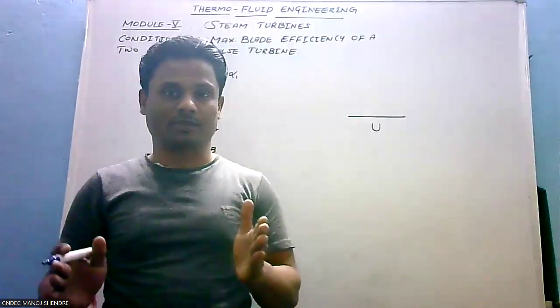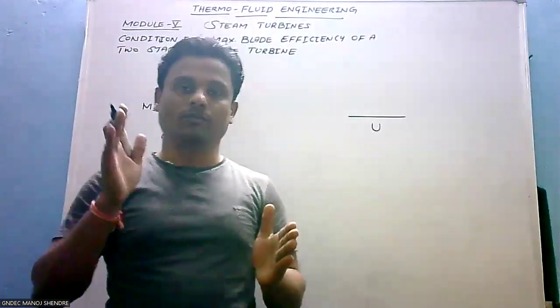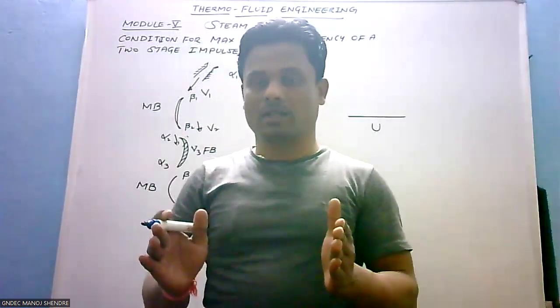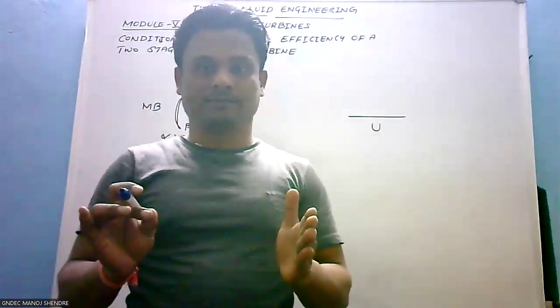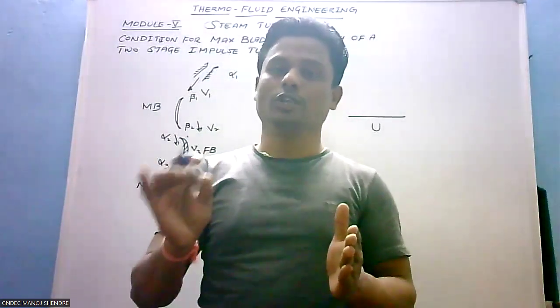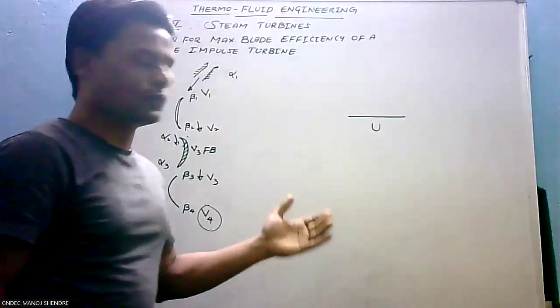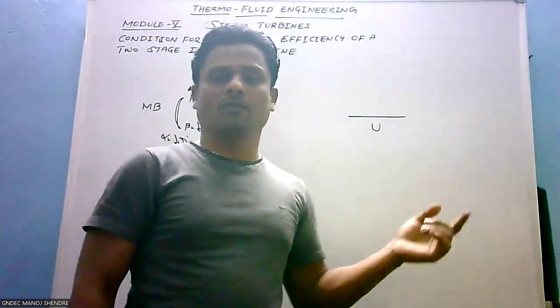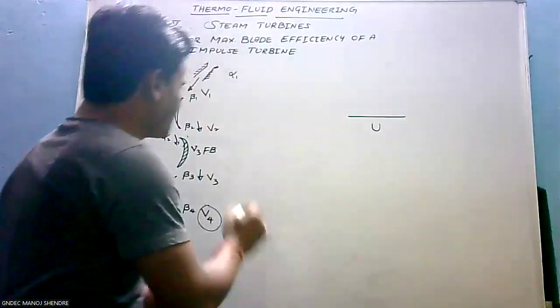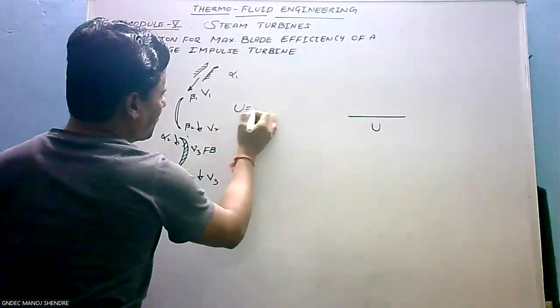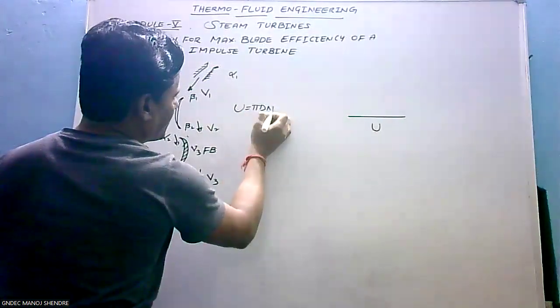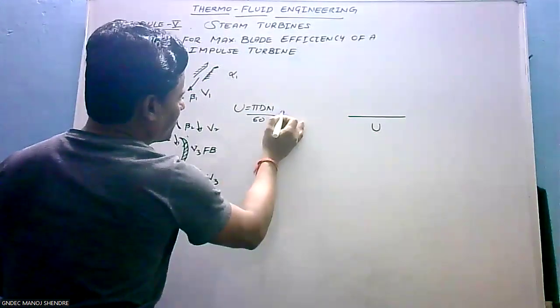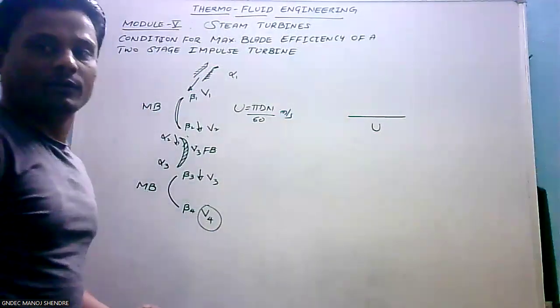That is, U remains constant. Remember, in case of a multi-stage impulse steam turbine, the tangential velocity of the runner, U, remains constant. If you know the diameter of the runner and the RPM, then by using the formula U equals pi D N by 60, you can calculate the blade velocity.